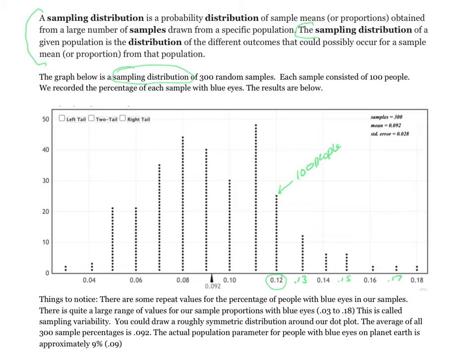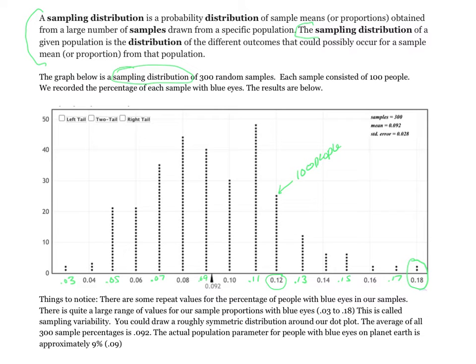You can see from this group of samples that the highest percentage that answered they had blue eyes was 18%, and that happened twice. On the low end, two samples gave us 3 people that have blue eyes. These are percentages, and we only sampled 100 people, so these are out of 100. A couple things I want you to notice. We did get some repeat answers, right?